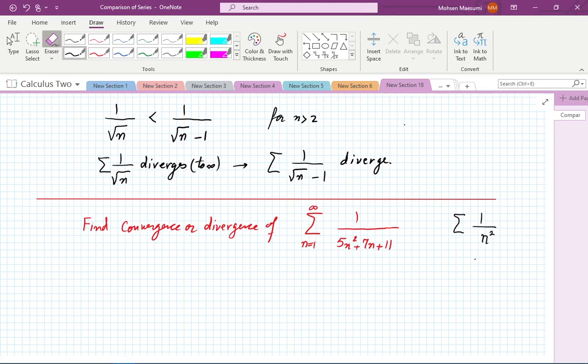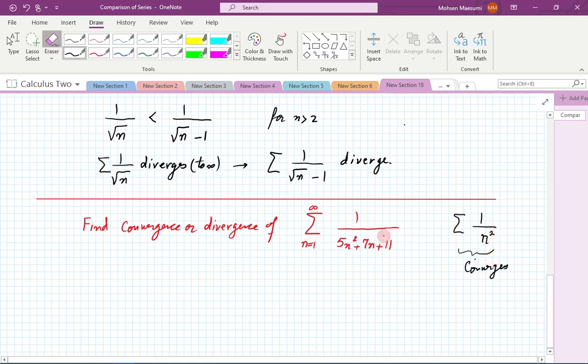Sometimes the problem tells us, most often it doesn't. Now 1 over n squared, we know from the integral test or the p-series test that this one converges. Okay, from the p-series or the integral test, we know immediately that this thing converges.